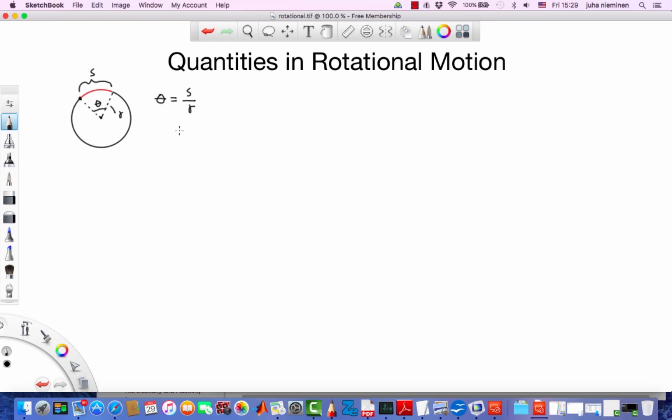And if it takes time delta t to go through this angular displacement, then we can define the angular velocity. So the average angular velocity from going from here to here, that would be just a change in delta theta divided by change in time delta t.